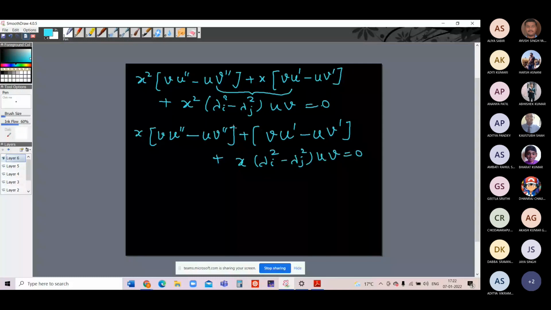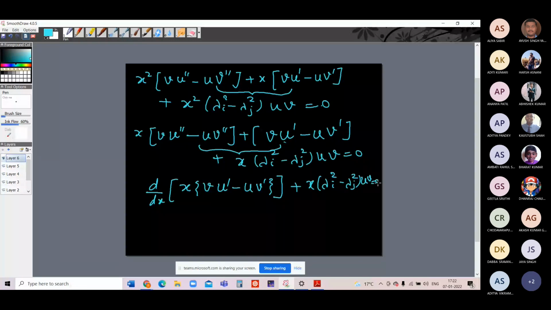In place of these two terms, we can write here d by dx of x times (v u dash minus u v dash) plus x times (lambda I square minus lambda j square) u v is 0. Say that it is equation number 5.